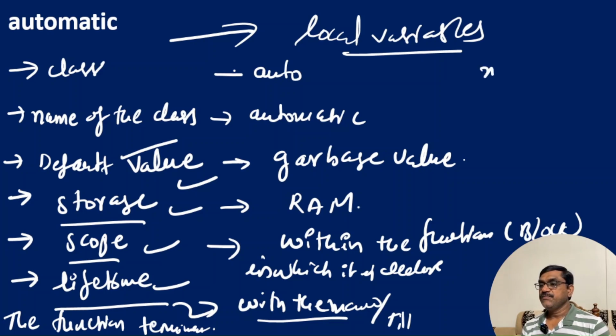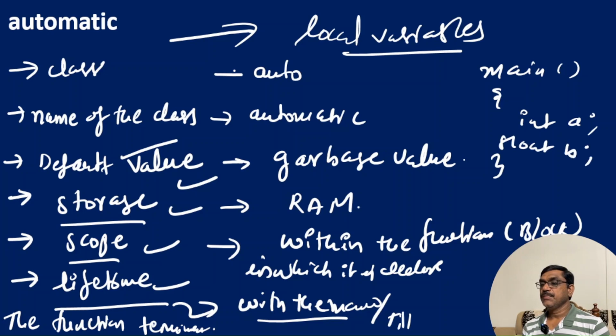For example, if I write main, opening brace, and here I write auto int a; and float b;. If you observe, for the first one I'm writing the keyword auto, for the second one I'm not mentioning any auto.